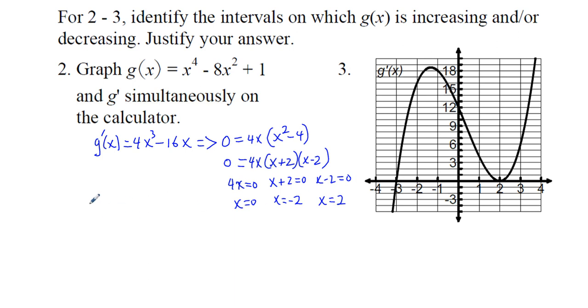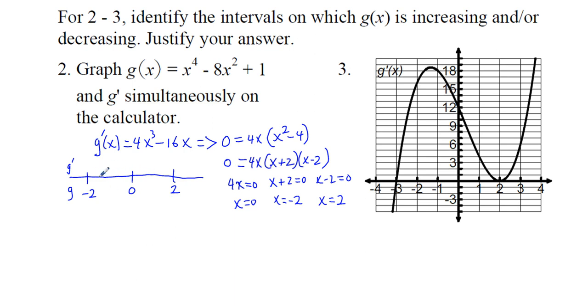And so for that, if we perform a number line analysis, we put our zeros here, and we put g prime up above and g down below, and our critical numbers are -2, 0, and 2. Yes, critical numbers, and we talked about what these were earlier, didn't we?